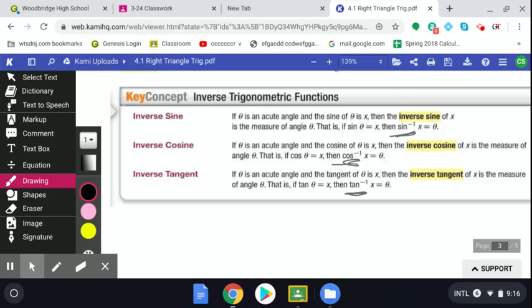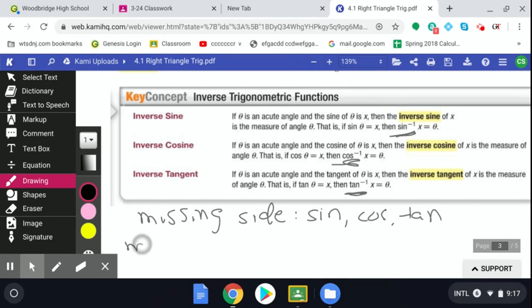So what this means is that if you know the measure of two sides, you can find out the measure of the angle by using inverse trig. Essentially, it goes like this. If you're looking for a missing side, you're just going to use sine, cosine, tangent.